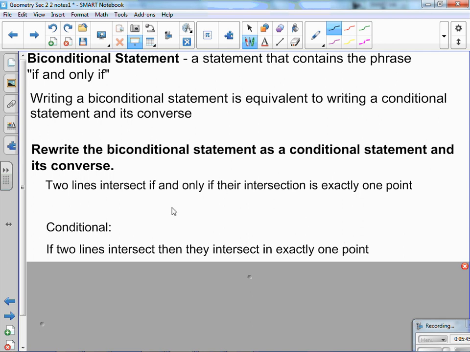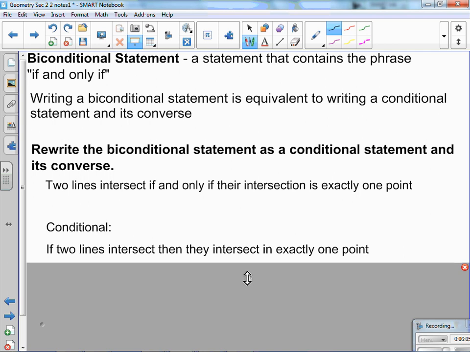Right, so if two lines are intersecting, then they're going to intersect at exactly 1 point. And you may notice we're going to have to change the wording just a little bit, just to make the new statements make sense based off of the other statement that's supposed to represent both statements together.